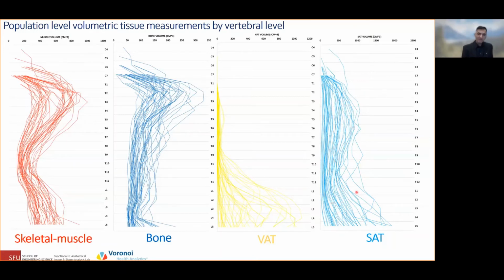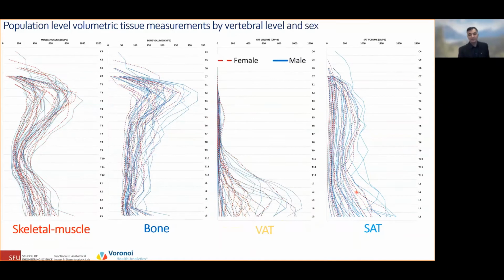So now we can segregate these by different demographic criteria, for example, male and female. And it turns out that the hypothesis that females had lower skeletal muscle is not true. Females are in red dashed lines, and males are in blue solid lines. Both have roughly the same numbers of individuals in this high skeletal muscle group and this lower skeletal muscle group.